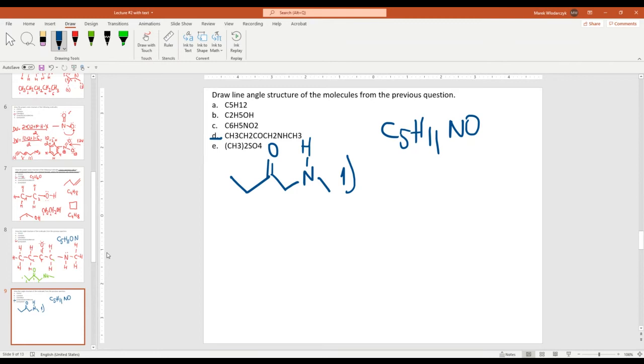What do you think? Yes or no? Anybody? The question is, can you draw another structure that has the same general formula or molecular formula, but is a different structure than what we already drew?